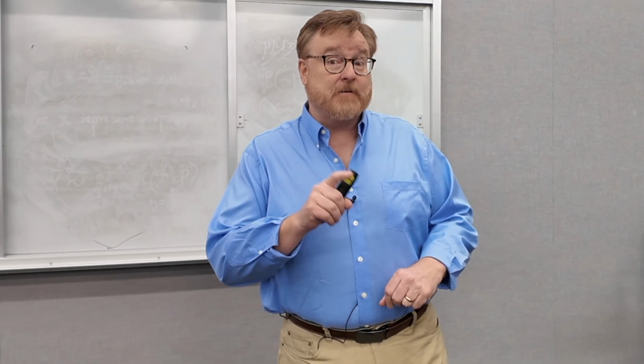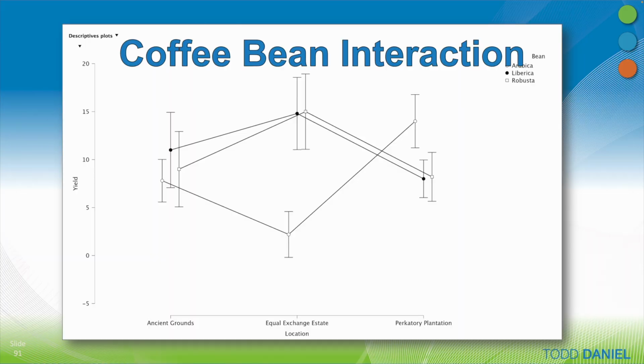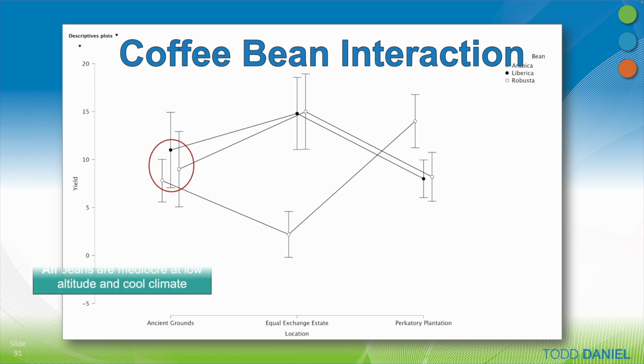So now let's apply that to what we can see from our picture of what happens with the growth or the yield for our types of coffee beans based on location. Let's start with the ancient grounds location. When you see the dots in similar locations close together, that means they're about the same. So what we're seeing is mediocre growth here at the low altitude, cool climate location.